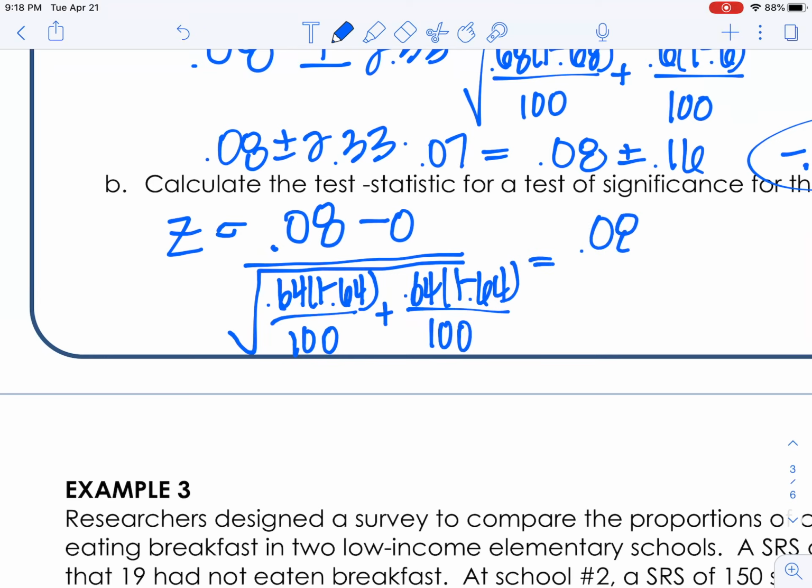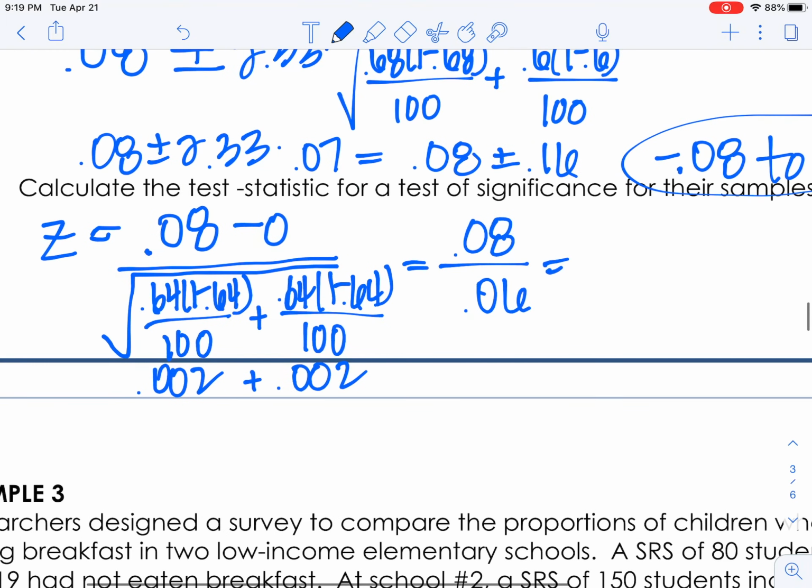So 0.08 goes on the top, over, now I'm going to do in my calculator, 0.64 times 1 minus 0.64 over 100. I get 0.002. So that's 0.004, and I'm taking the square root of that, 0.004 is 0.06. I get 1.33 as my test statistic there.